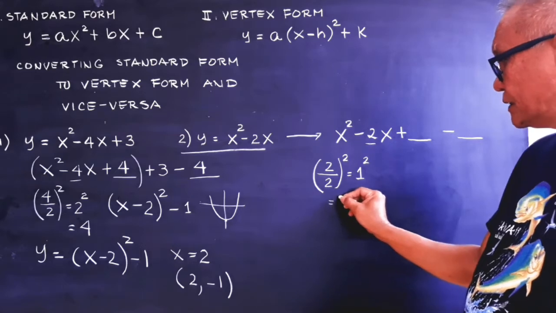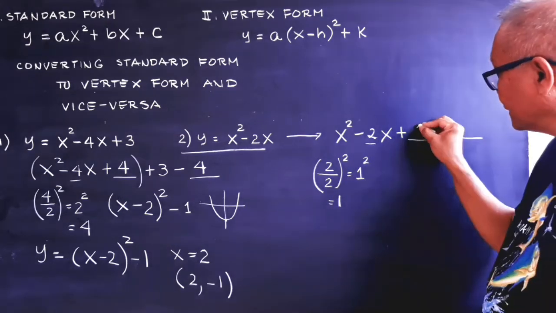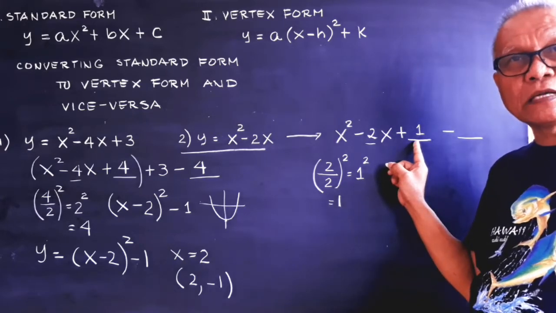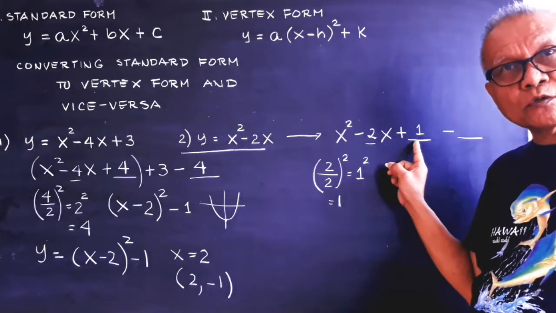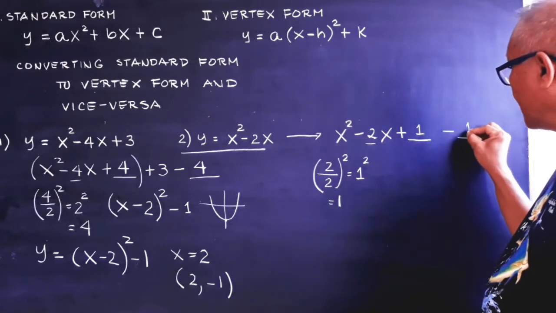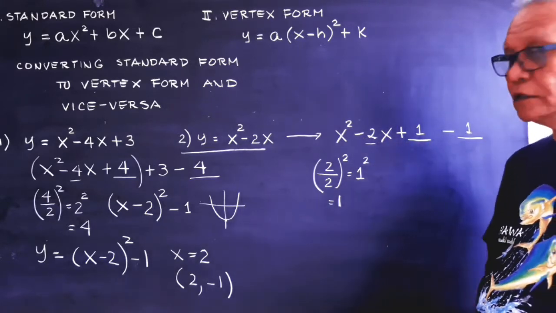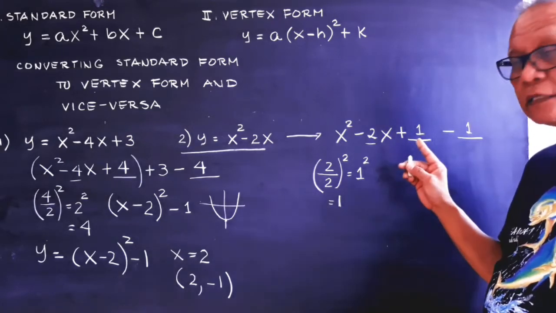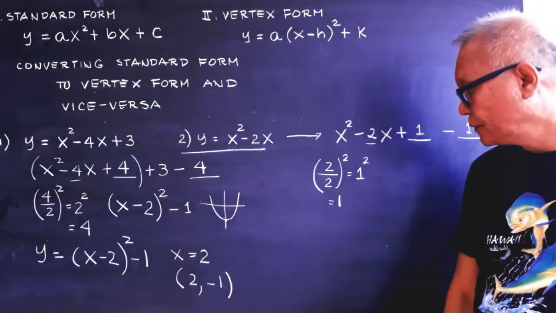So this one is equal to 1. Okay. This one is now a perfect square trinomial. But don't forget to subtract that one also on the same side. You have minus 1 here. If you forget this one, then it will be wrong. You're adding 1 to the equation.